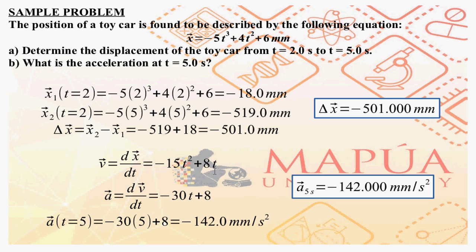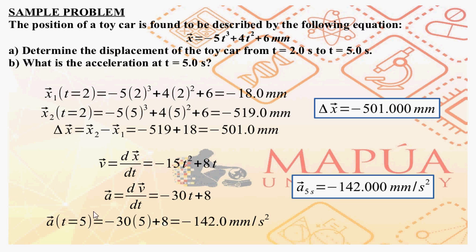Now that we have the equation for velocity, if we differentiate v with respect to time, we get acceleration. Differentiating negative 15t squared plus 8t with respect to time, we get negative 30t plus 8, the equation for acceleration. Now that we have it, we just plug in t is equal to 5 seconds.